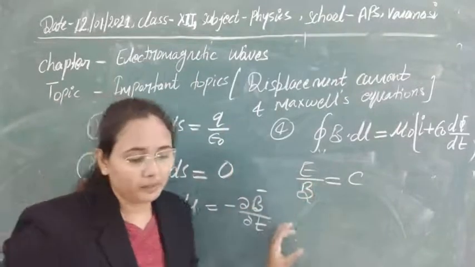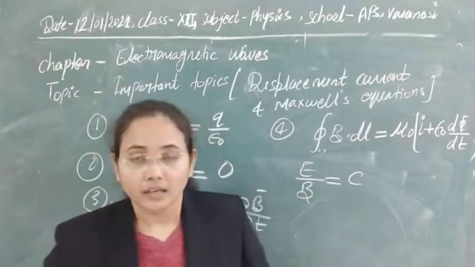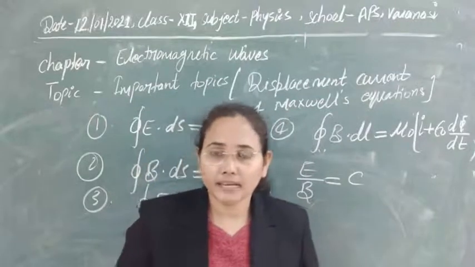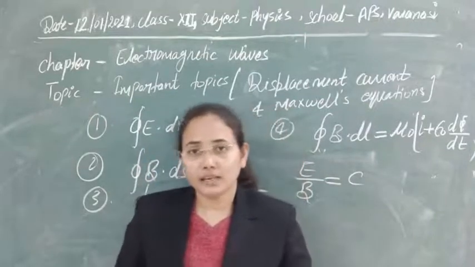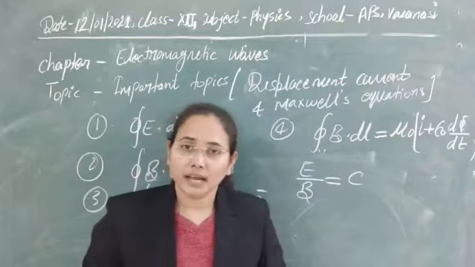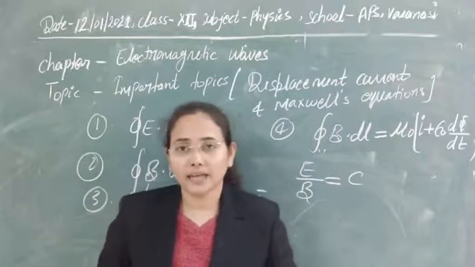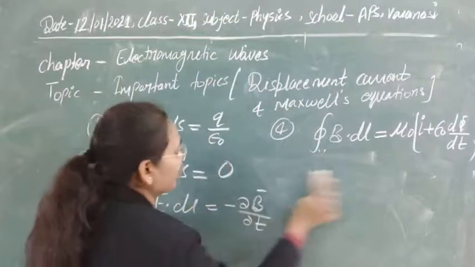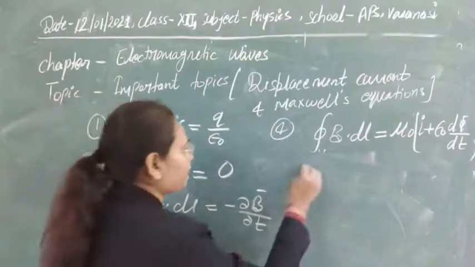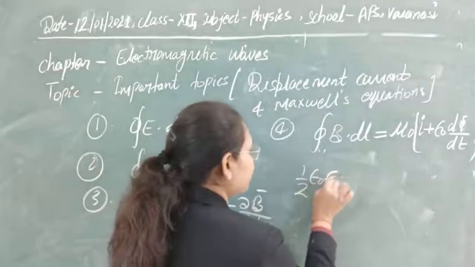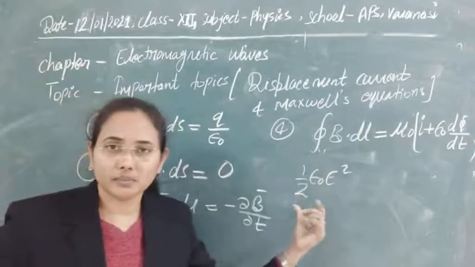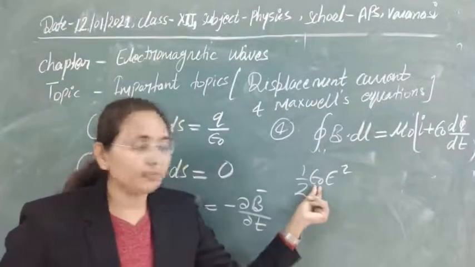Next property is that the energy carried by the electromagnetic wave is simply the sum of the energy carried by the electric field and the energy carried by the magnetic field. As we know, the energy carried by the electric field is half epsilon 0 E square. Here we are talking about free space, so the permittivity will be epsilon 0.